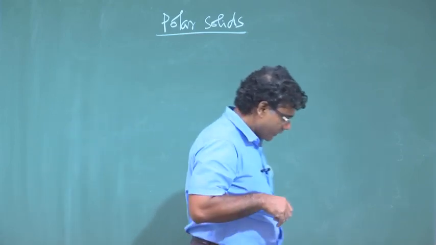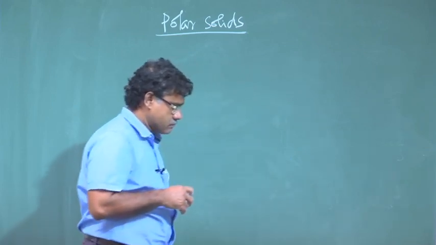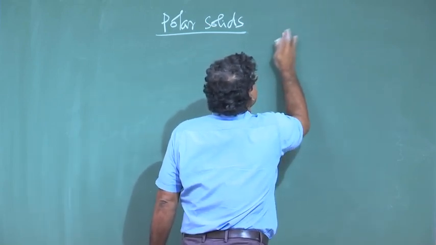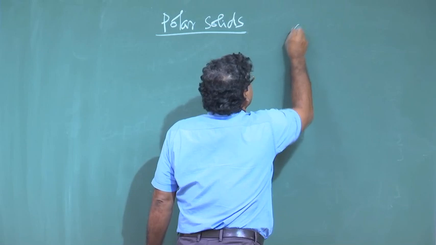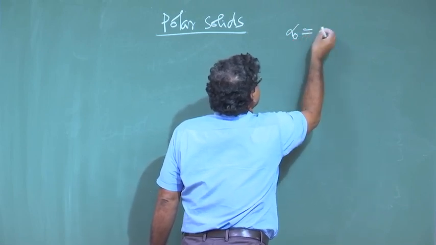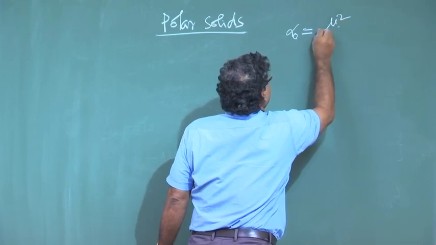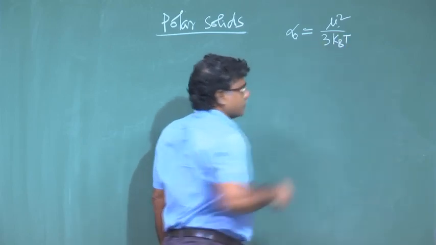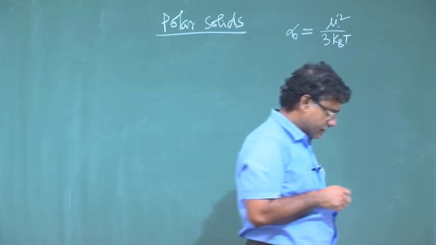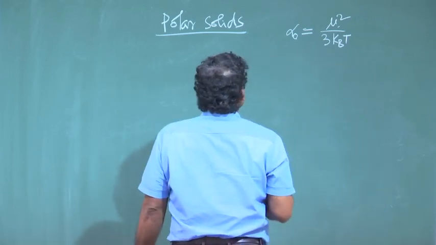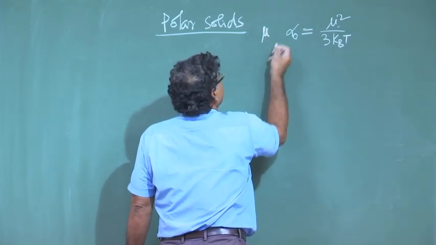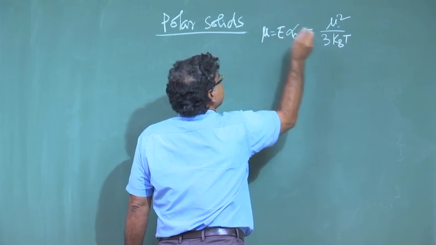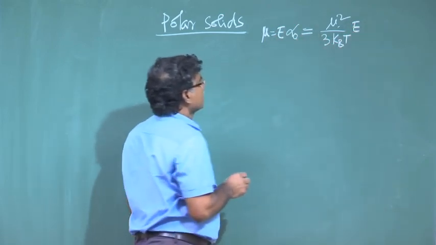So what we have seen is that the orientation polarizability is mu square by 3 kBT, and mu equal to E into this, so you have to multiply E.